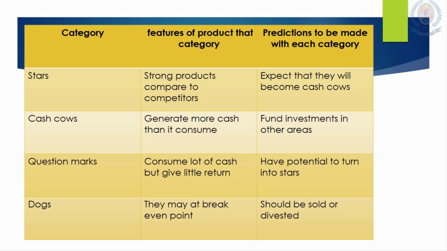So they should have a clear idea regarding which product line they should invest more money in and which product line they should invest less money in. To make all these decisions, they can use the BCG matrix.